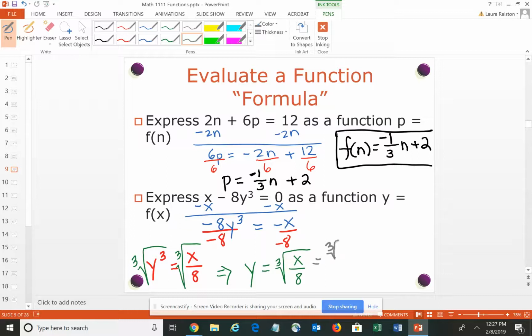I'd have the cube root of x in the numerator and the cube root of 8 in the denominator. And then I need to simplify the denominator if at all possible. So I have the cube root of x over 2 because 2 cubed is 8. So I can rewrite that expression as f of x equals the cube root of x divided by 2.